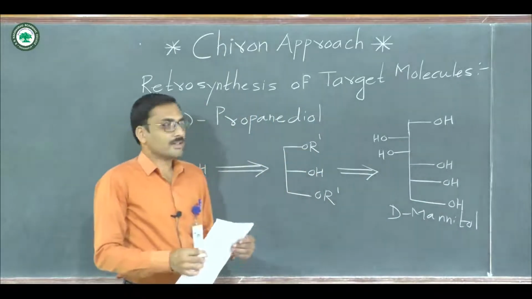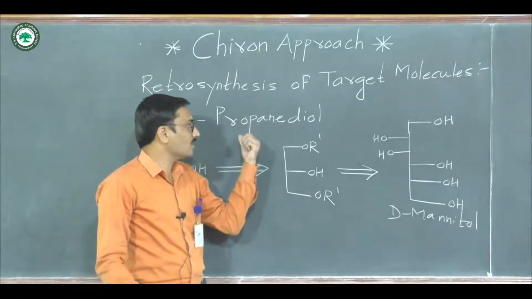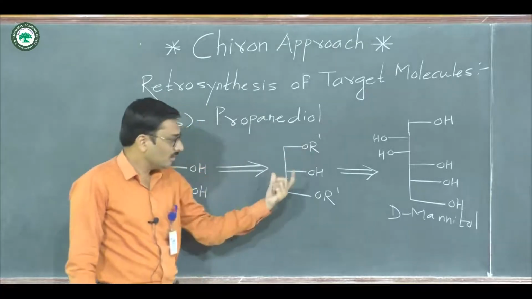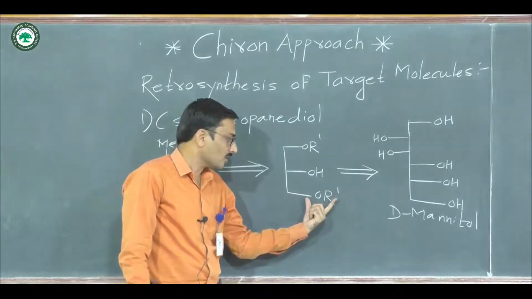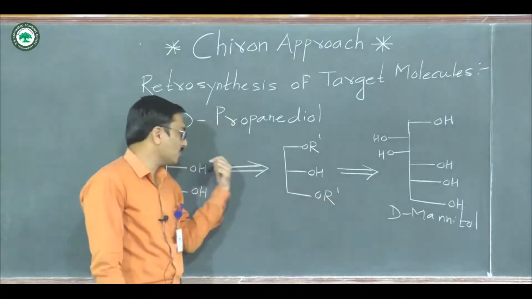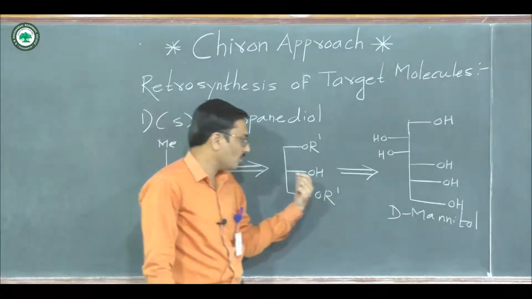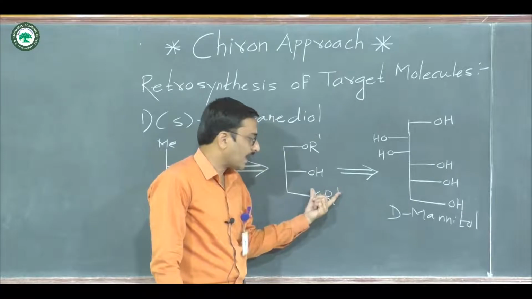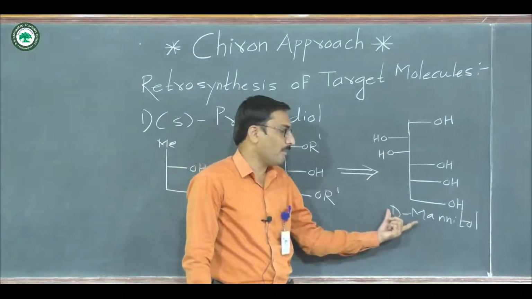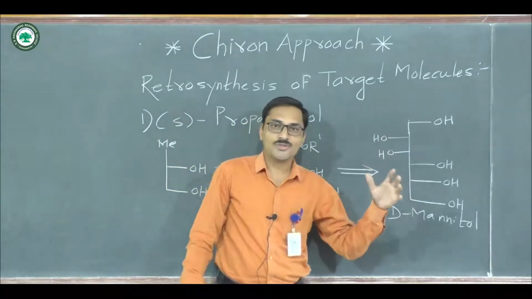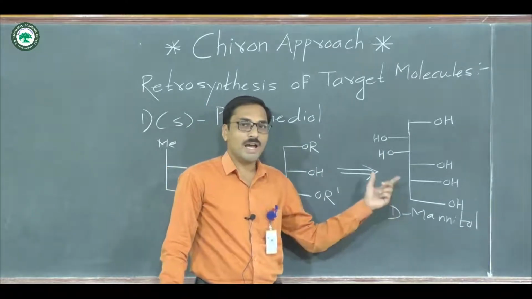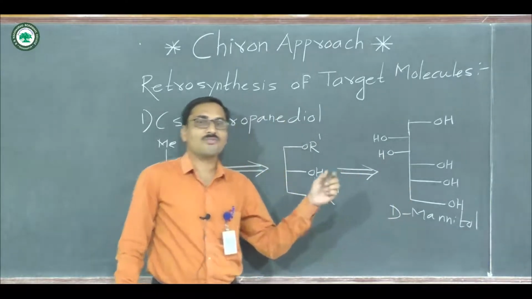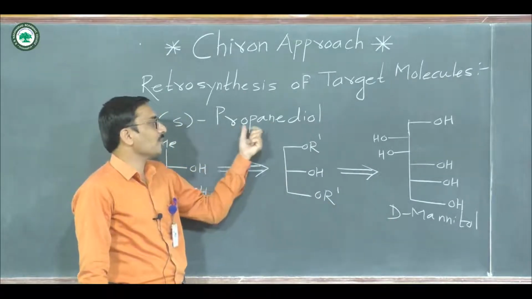Look at this retrosynthetic analysis of S-propanediol. We have this intermediate and we can convert this intermediate into the S-propanediol. This intermediate can be obtained from D-mannitol. So our conclusion is that the D-mannitol molecule acts as a starting precursor for the synthesis of S-propanediol.